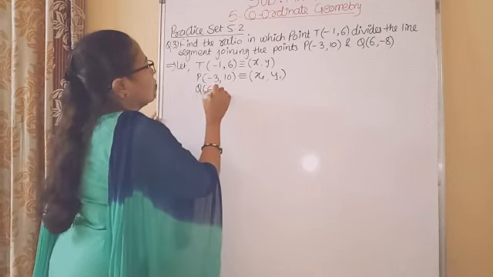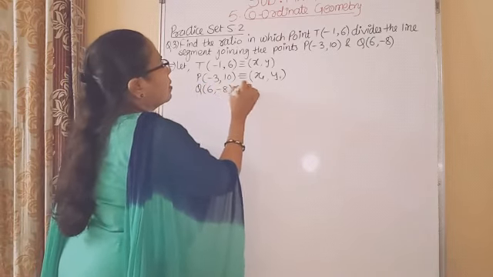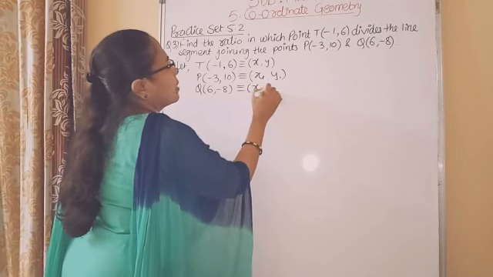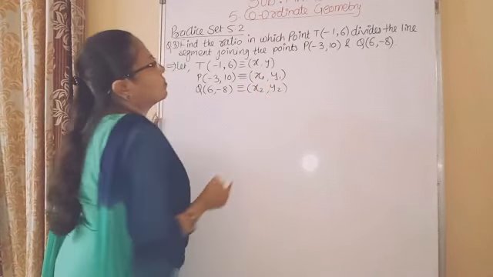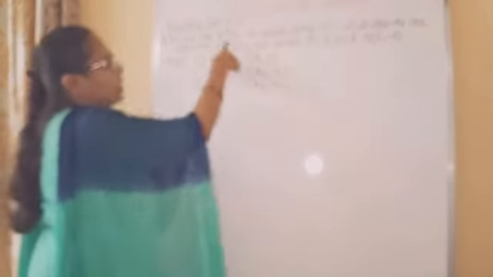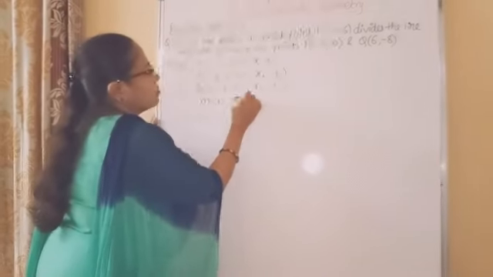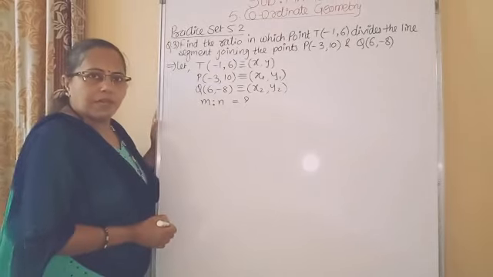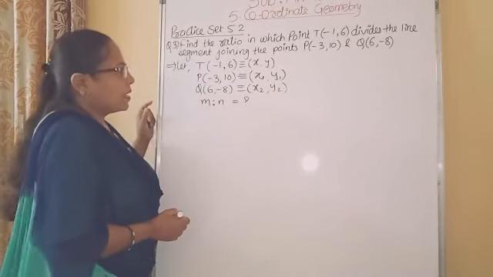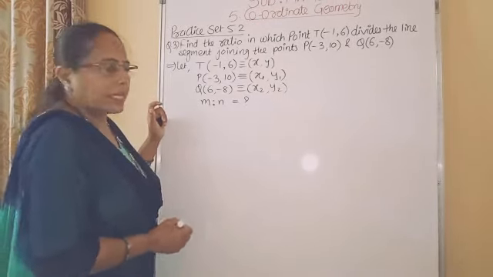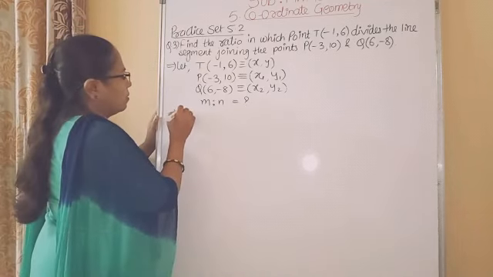Coordinates of point Q (6, -8), this we assume as x2, y2. And we have to find out the ratio. That means we have to find out m:n equal to question mark. Okay. Now here again we will use section formula.